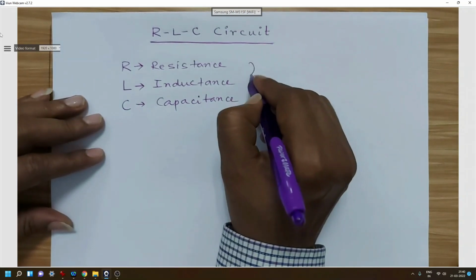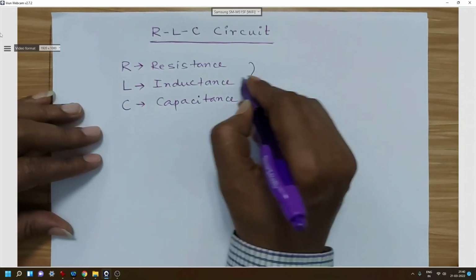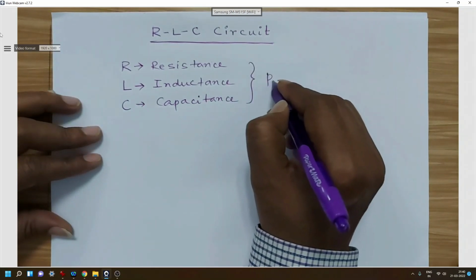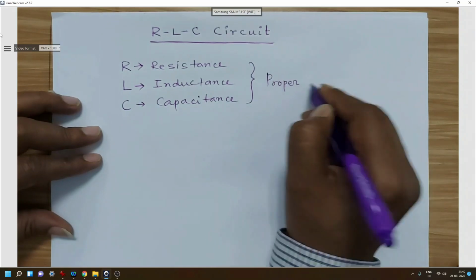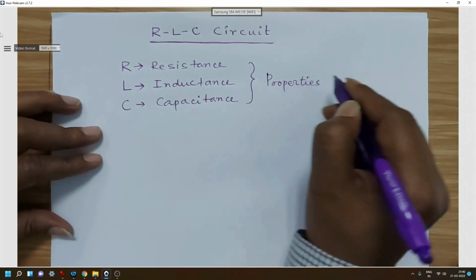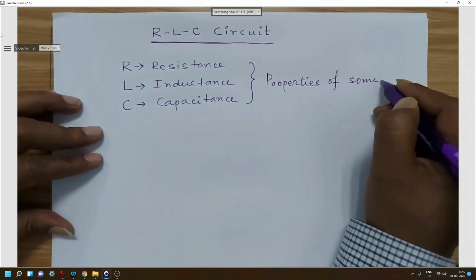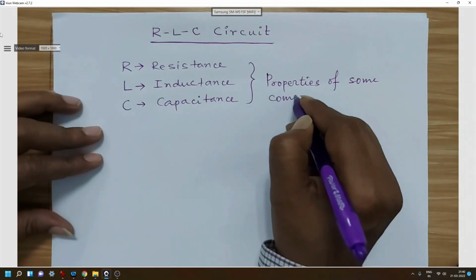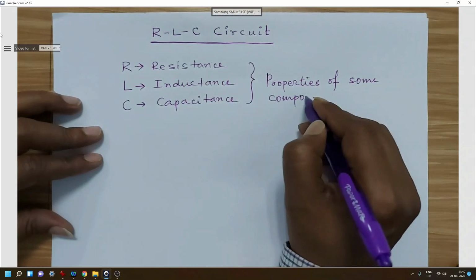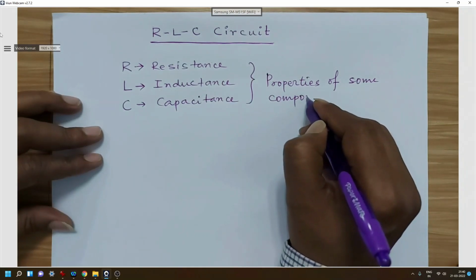Now all these parameters are the properties of some component or electrical or electronic elements.